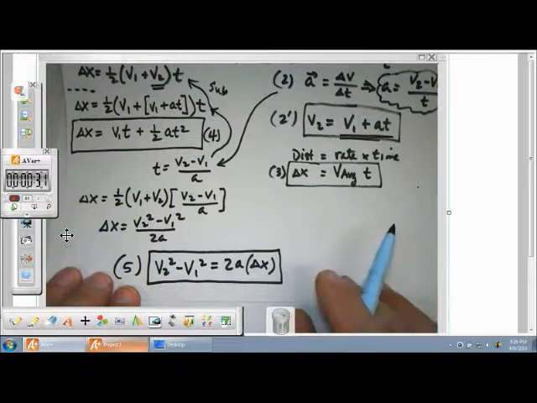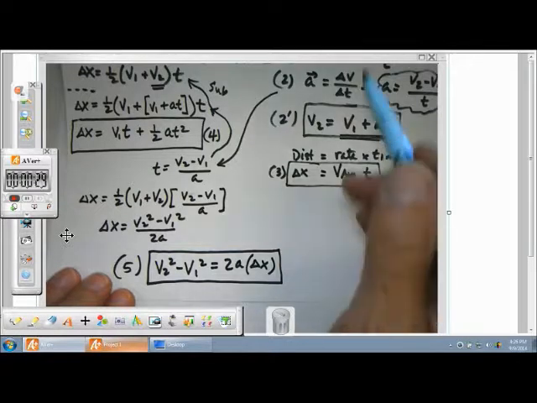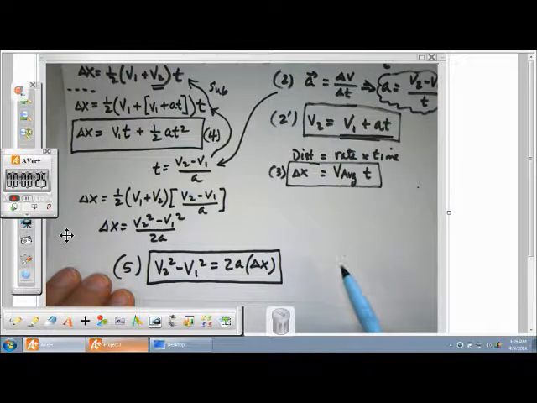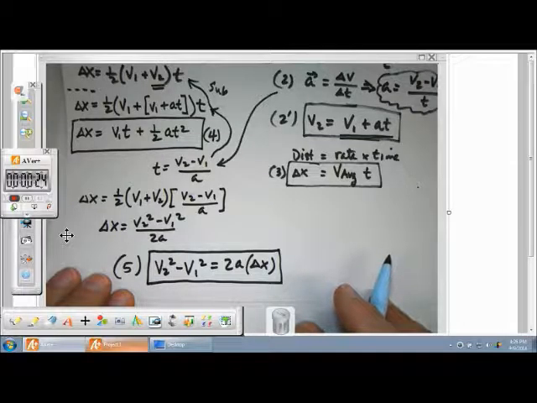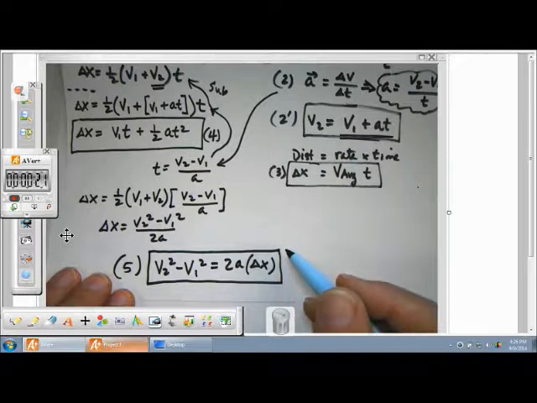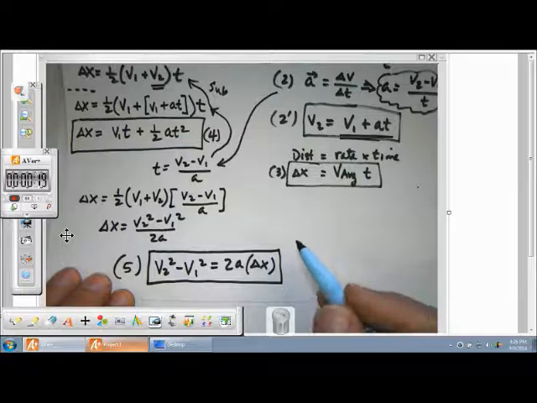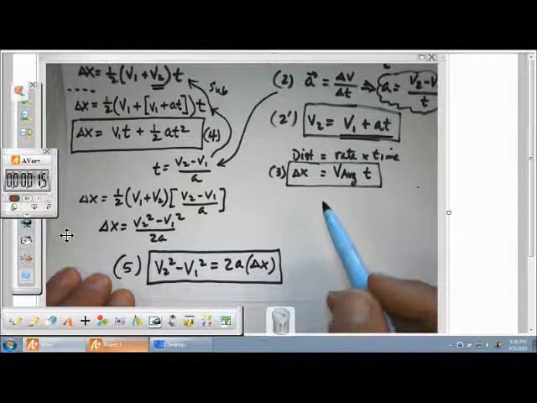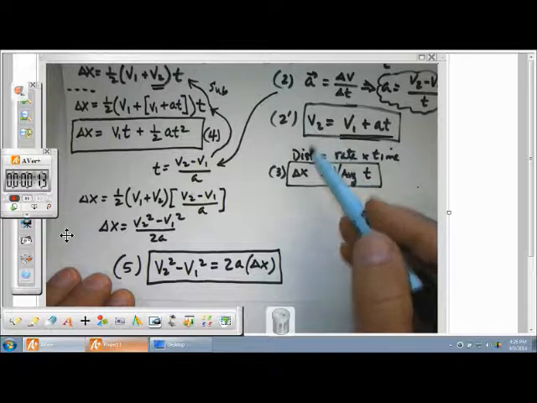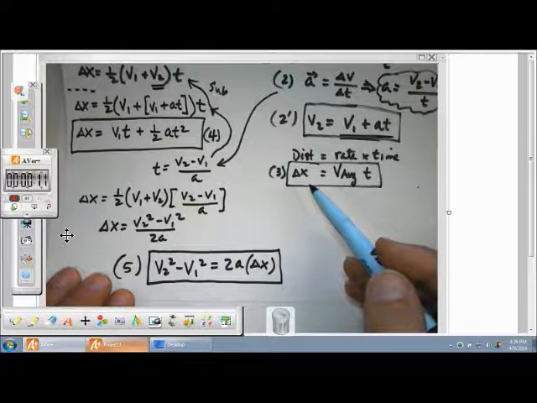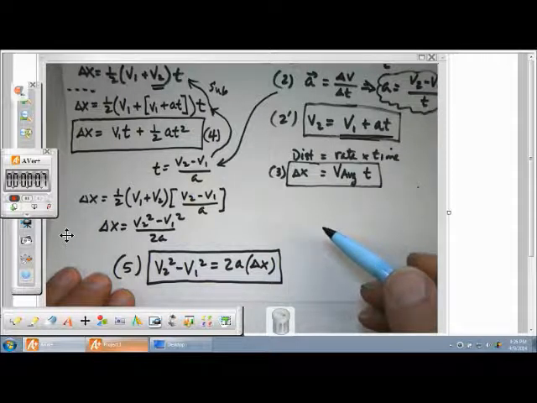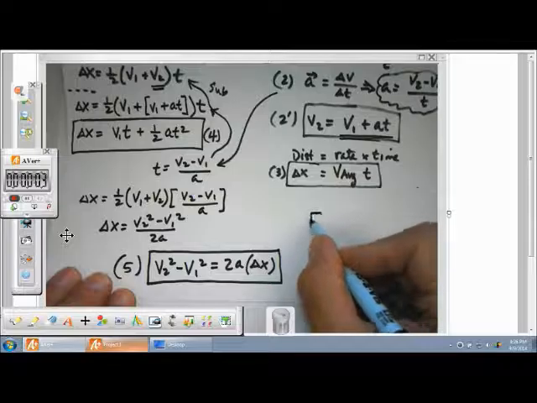So now you can see the different relationships among these equations. And since they are so interrelated, one student might use these two equations to solve a problem, and another student might use a couple of the other Galilean equations to solve the same problem. It gives you flexibility.